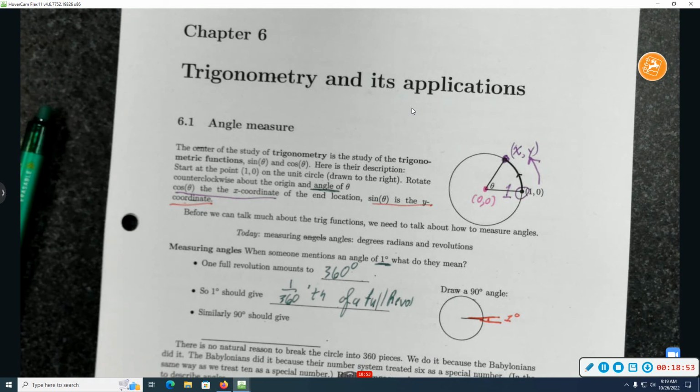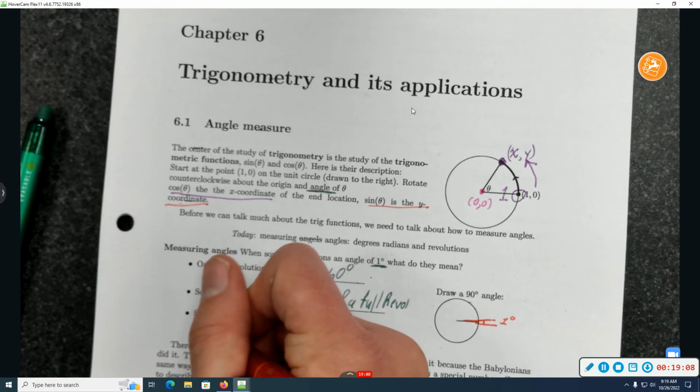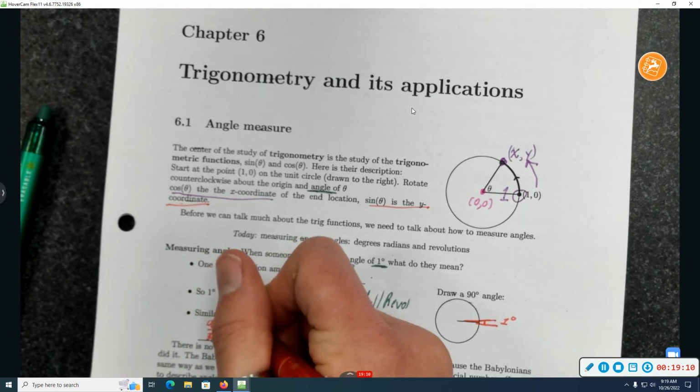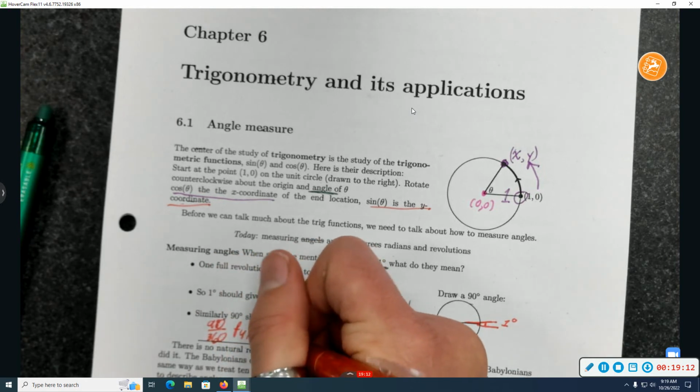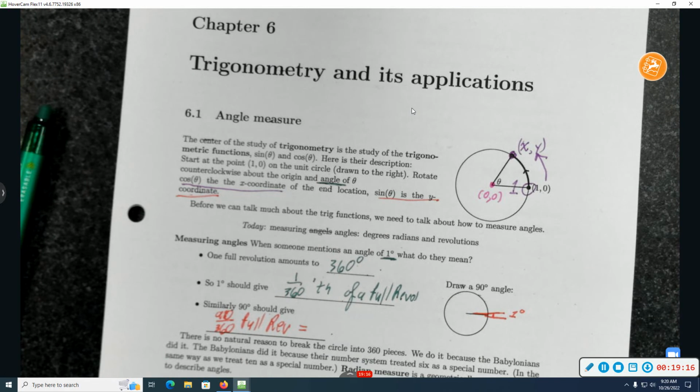Similarly, if 1 degree is 1/360th of a full revolution, then what should 90 degrees be? A quarter of a full revolution, because you can simplify a fraction. 90 over 360 full revolutions. Does that look like a fraction that simplifies?